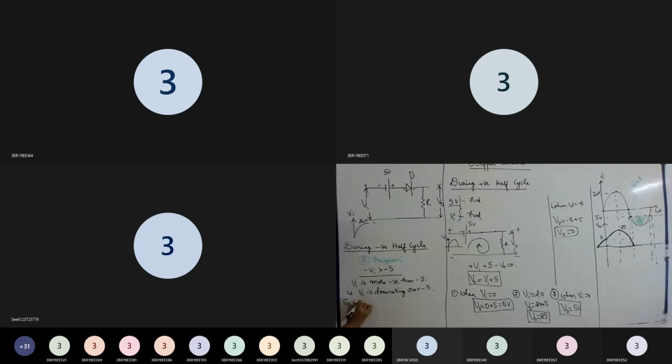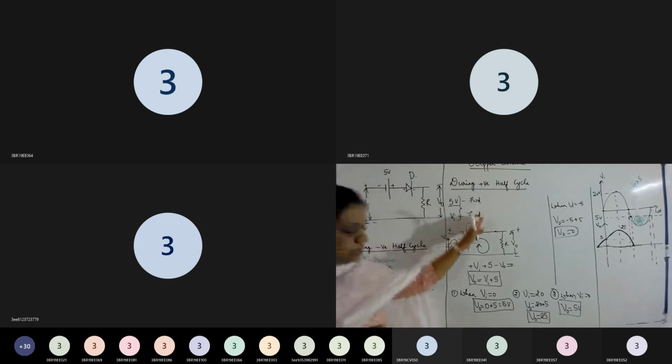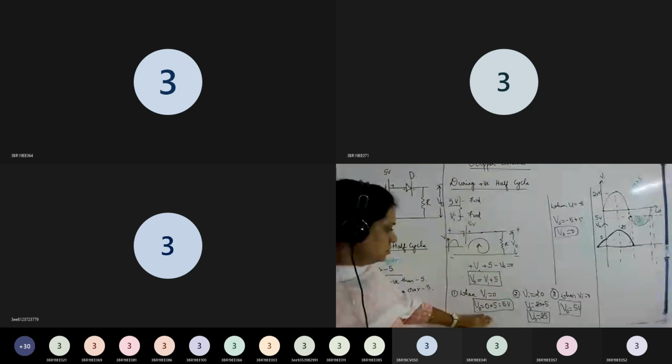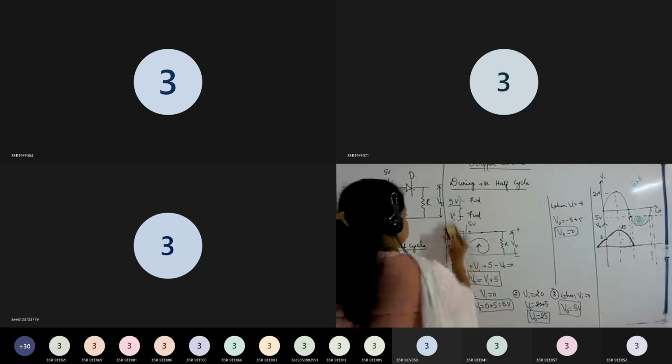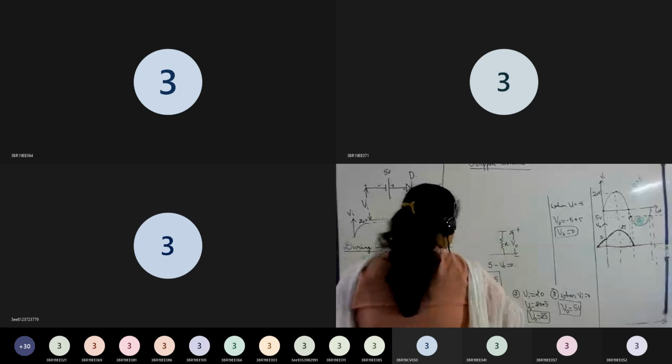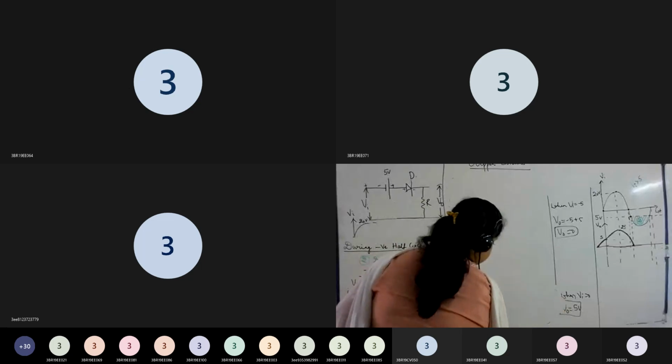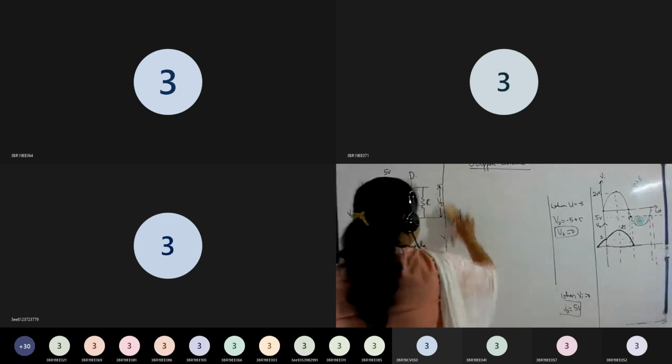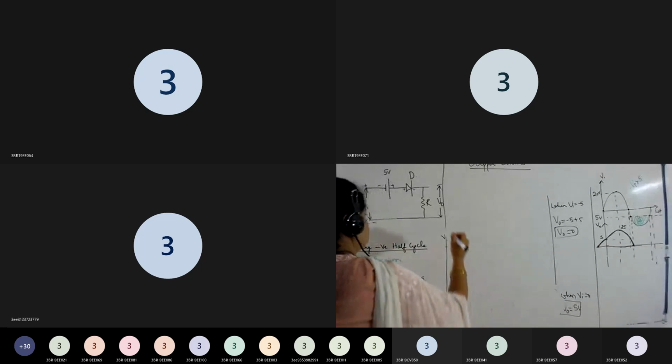So take the effect of Vi, correct? You should not take the effect of the battery now. During negative half cycle I am saying. So, if we consider so, how the circuit will be? If you have taken this, shall I erase this part? Yes, ma'am. Okay.